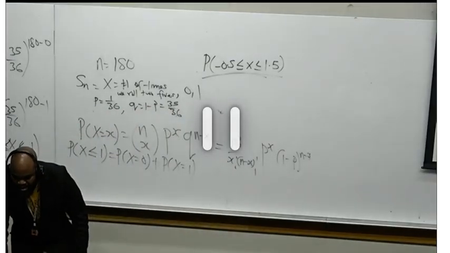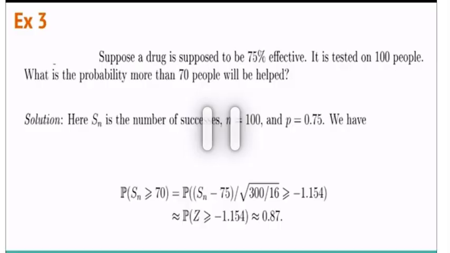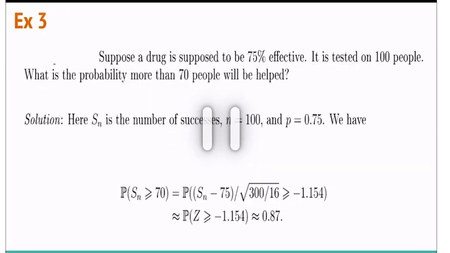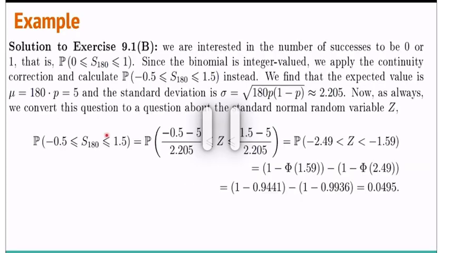That is why we have this. Can you see that? Negative 0.5, 1.5. Initially, it was between 0 and 1, but because we want to use a normal approximation, we need to apply continuity correction.